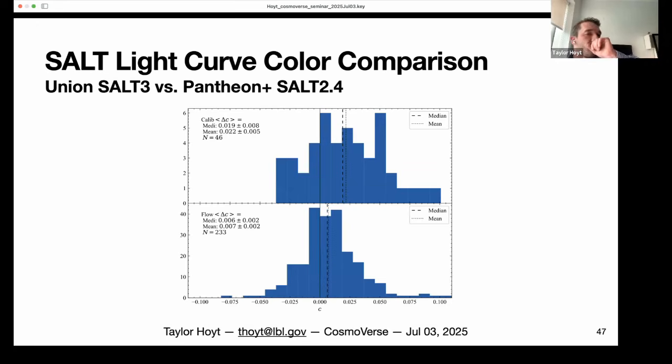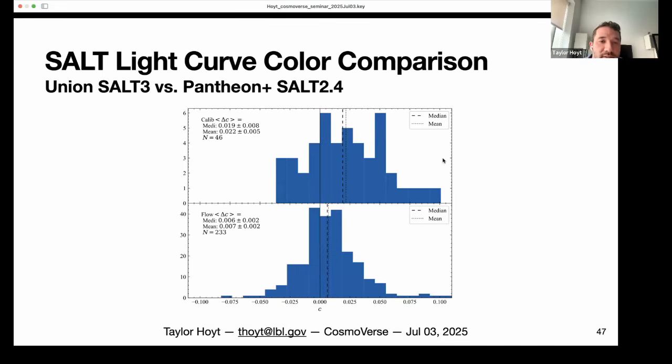So comparing Union versus Pantheon, if we just compare the color inferred of type Ia supernovae, and we break that into the calibrators, which set the zero point of the Hubble diagram, versus the flow sample we call the cosmological sample, we do actually see a differential offset between the two.